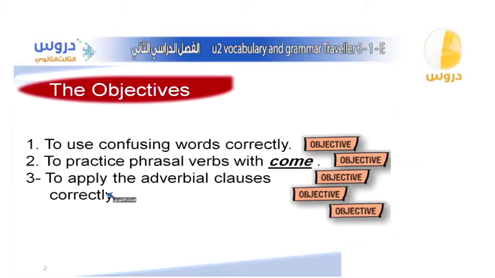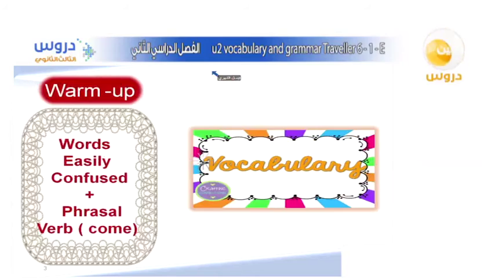And the third objective, to apply adverbial clauses correctly. So we are going to use confusing words in the right way, practice phrasal verbs with come, and apply adverbial clauses in the right way. All right, those are the objectives of this lesson.